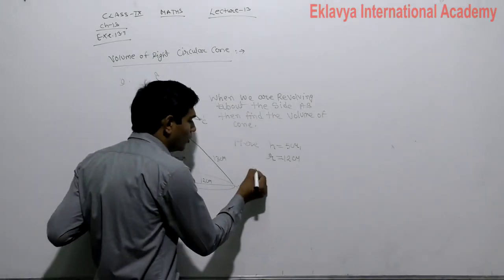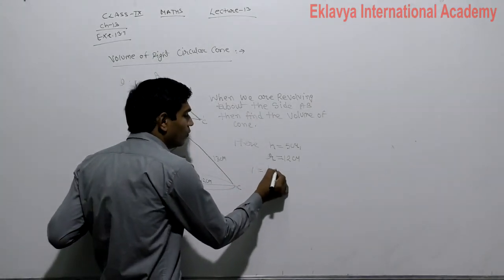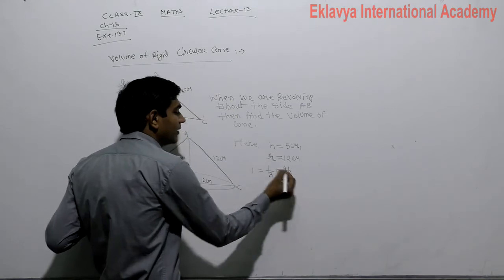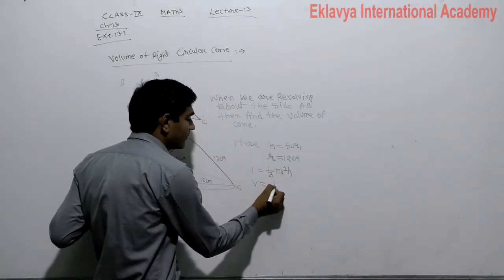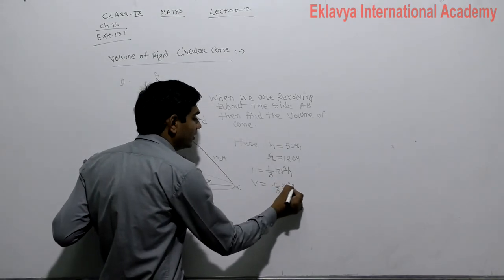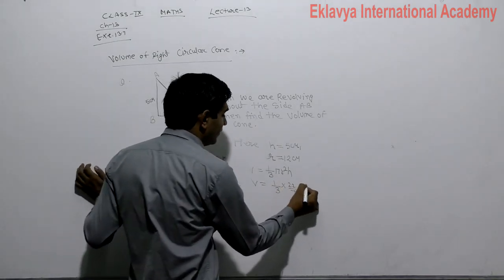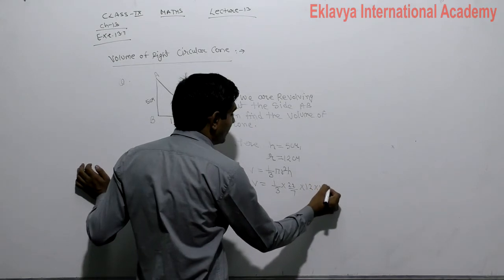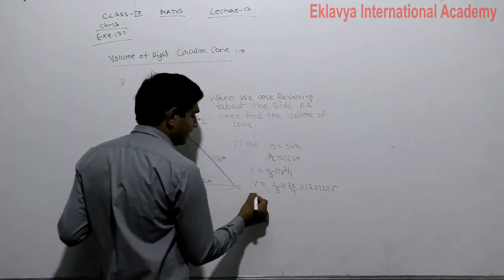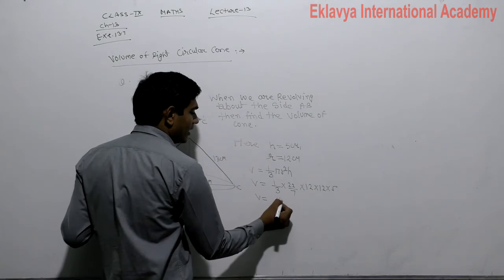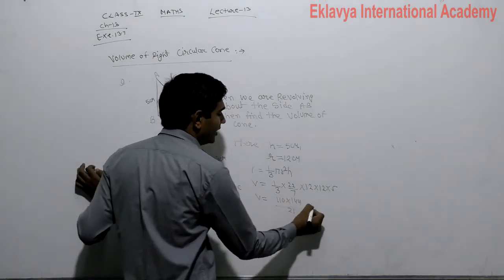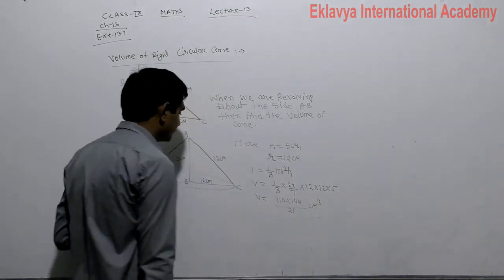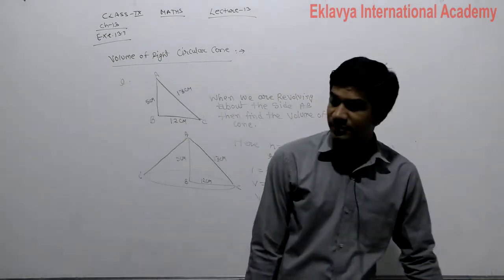Now volume V is equals to 1/3 pi r square h. Substitute the value: V is 1/3, 22/7, 12 multiplied by the 5. So 110 multiply 144/21 centimeter cube.